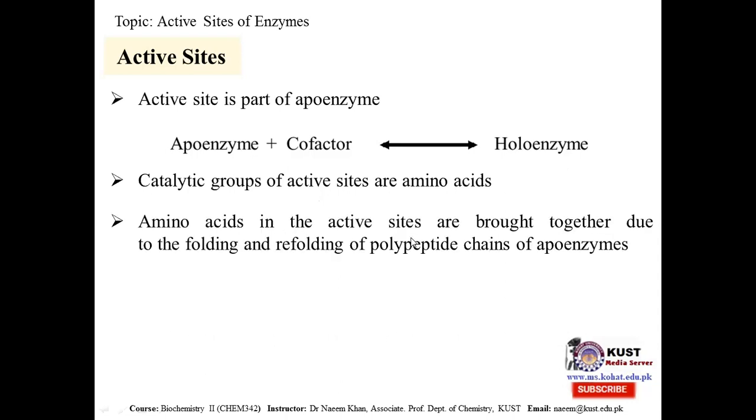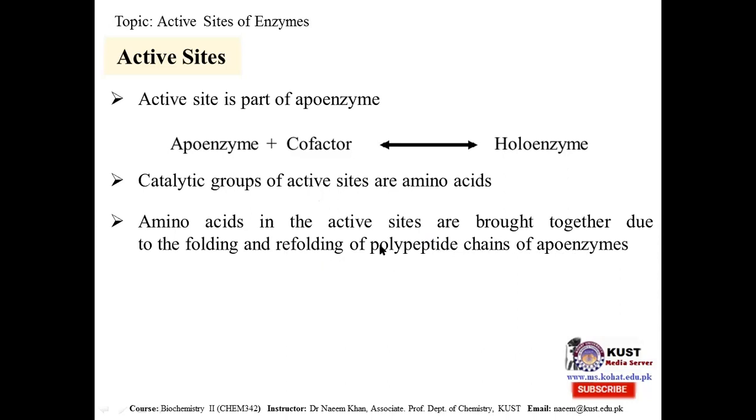Amino acids in the active sites are brought together due to the folding and refolding of the polypeptide chains of apoenzymes. We know that proteins have structure: primary, secondary, tertiary, and maybe quaternary structure too.